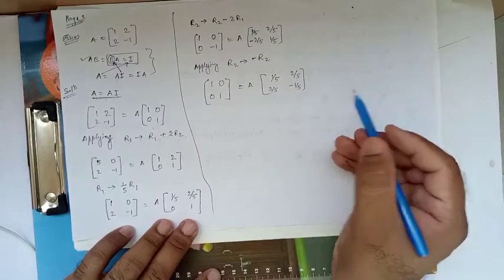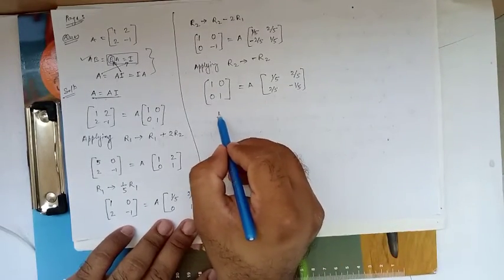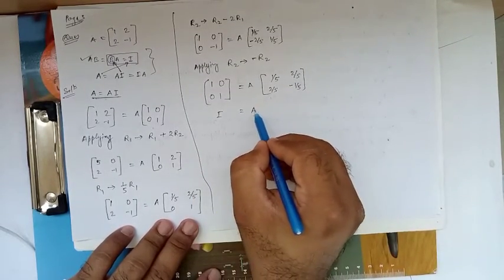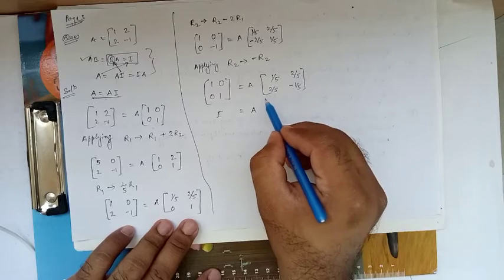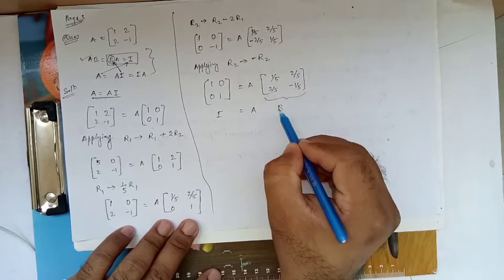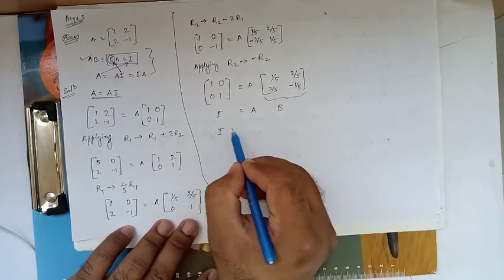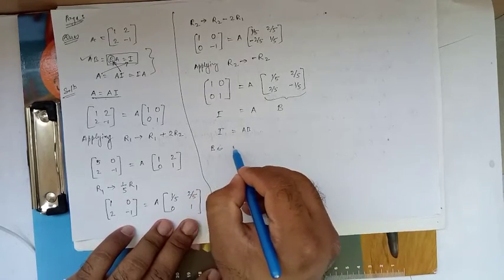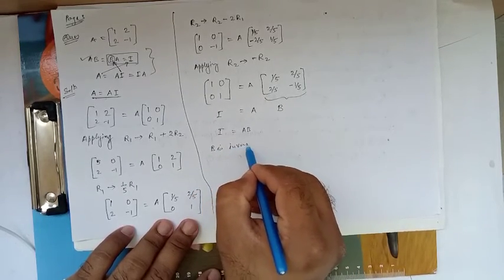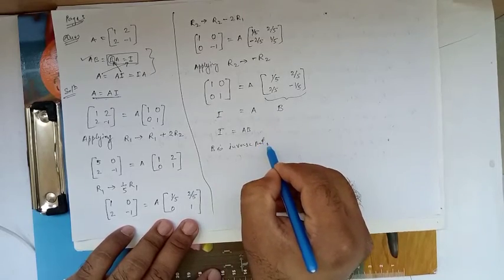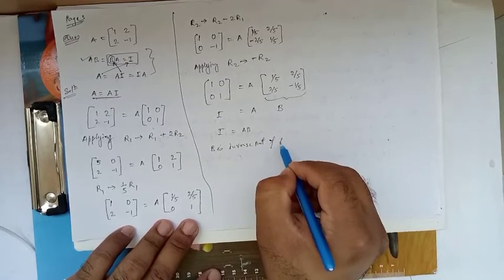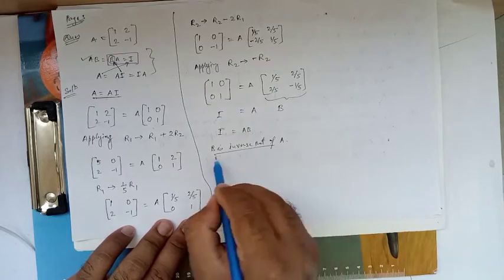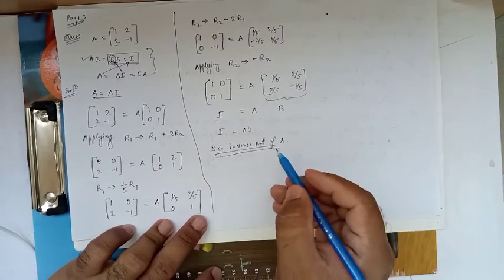Now what we have is, this is I, this is A, and definitely this is said as B. So we are getting I equal to AB, and B is inverse matrix of matrix A. So definitely this is our answer.